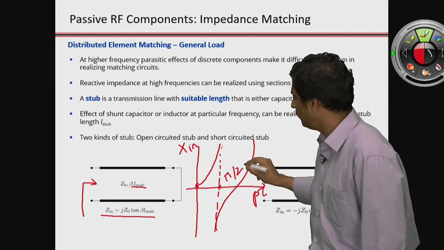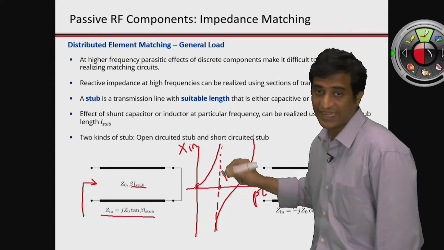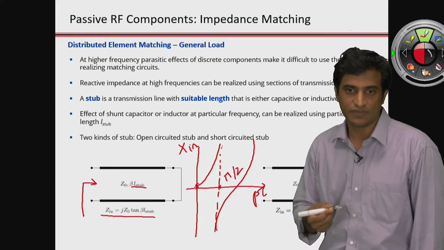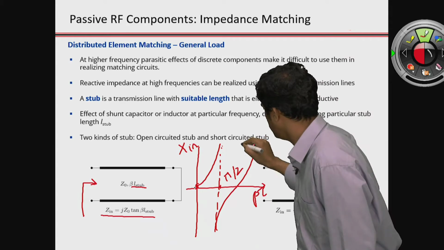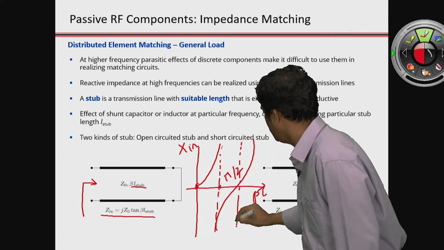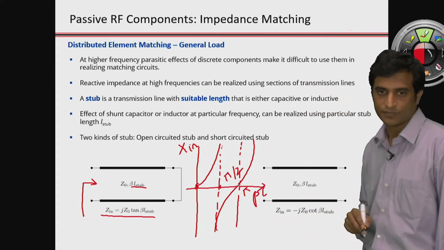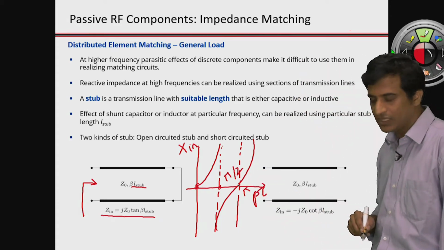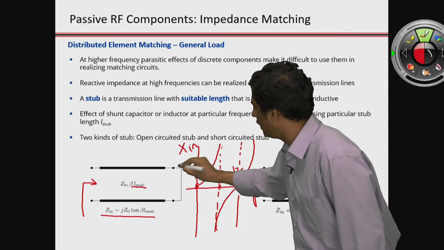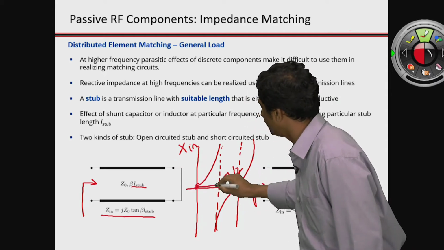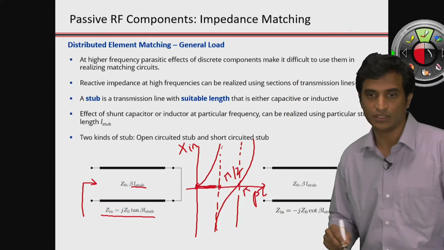We notice that till pi by 2, it has a positive reactance, which is the nature of an inductor, and beyond pi by 2, till up to a value of pi, it is negative like a capacitor. So to realize an inductor, I can operate a short-circuited stub in this region.